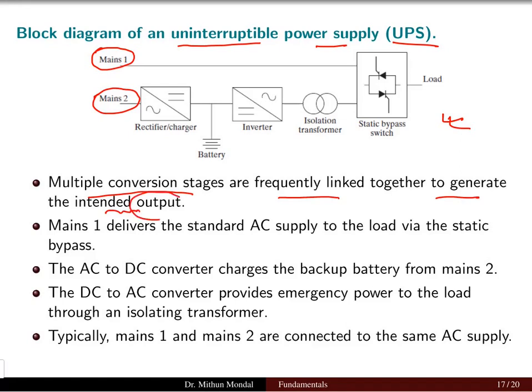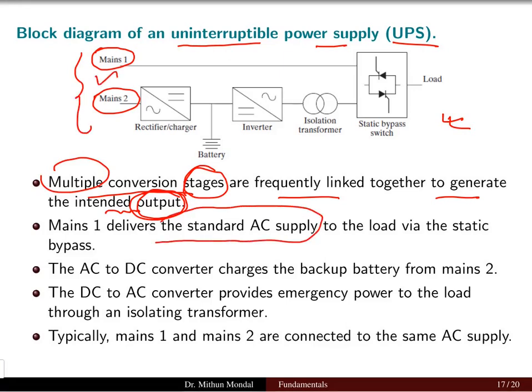So whatever output you require is achieved by certain stages linked together. For example, mains 1 delivers the standard AC supply, and this is connected to the load via the static bypass. So here you can see that it is connected directly to the load, where you will be taking the output.